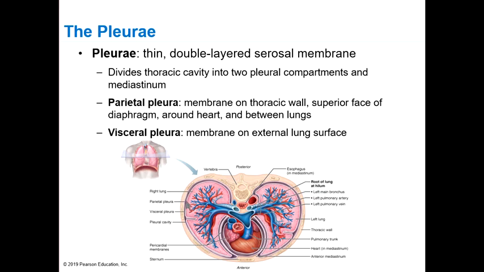A serous membrane means there's two layers with fluid in between these two layers. This is going to be very important for the lung, which we'll see with the physiology a little later on. Whenever you have a serous membrane, like the pleura, it's double-layered. The inner layer in contact with the organ is the visceral pleura, and the outer layer in contact with the wall of the cavity is the parietal pleura.